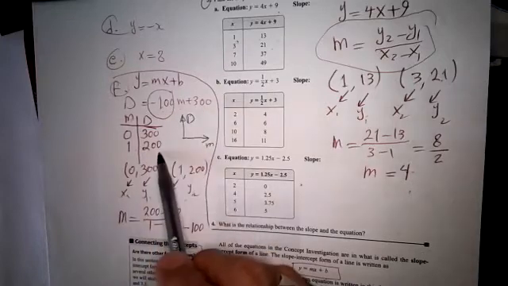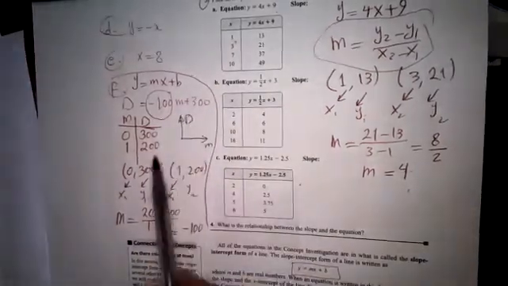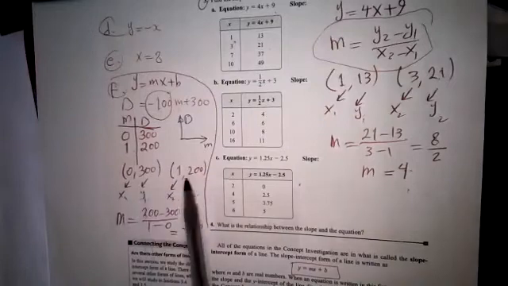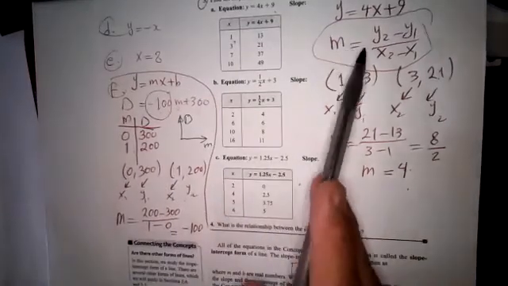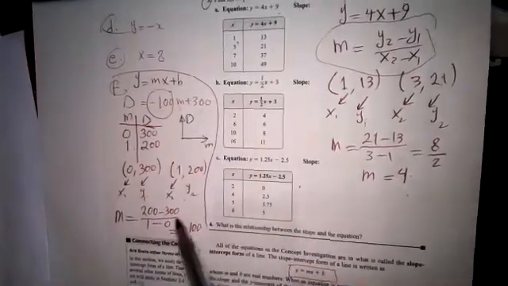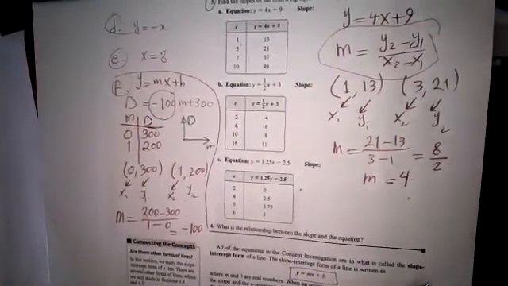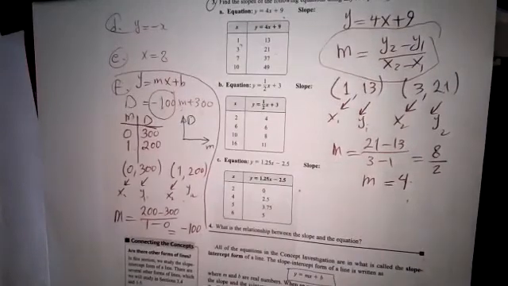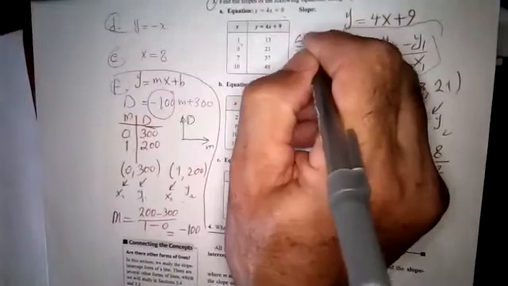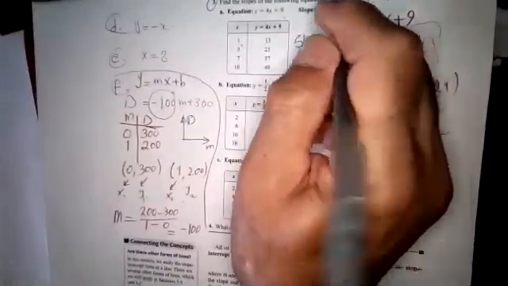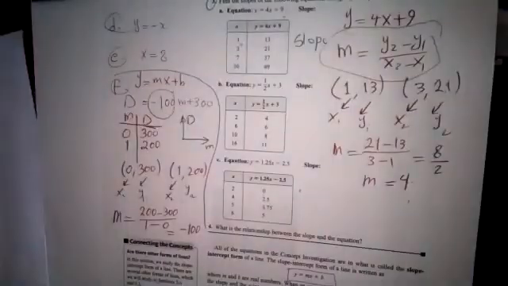Minus 100 plus 300 is 200. See, so the first point is x1, y1. The second one is x2, y2. You take all these and you plug them into that formula. That gives you the slope of minus 100. So this is the formula to use for a slope when the coordinates of 2 points are given.